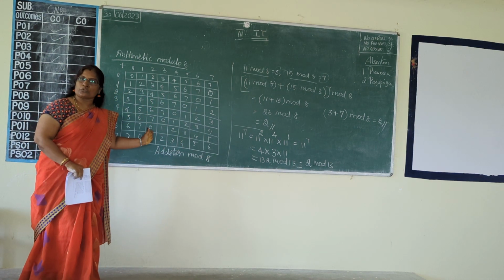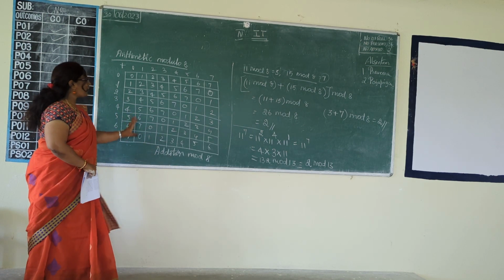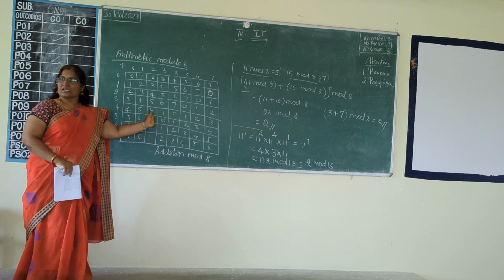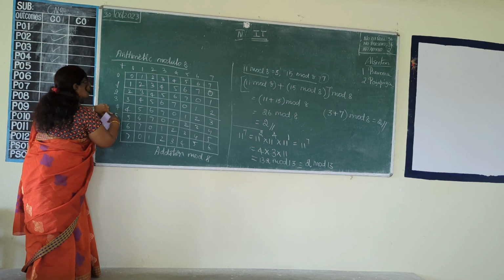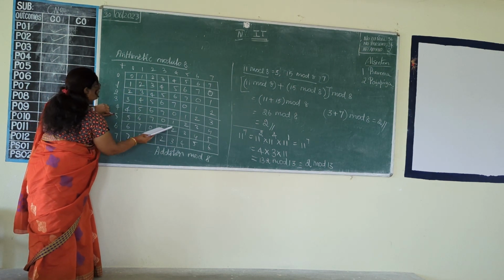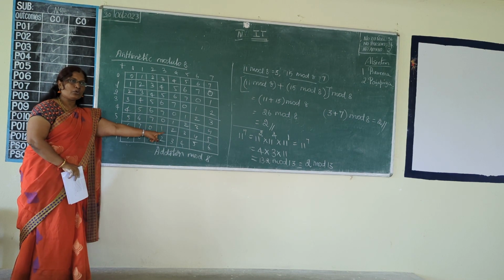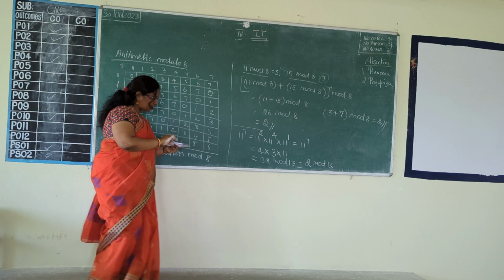The same table cannot be used for multiplication or subtraction. Any number you can take and get the value from the table. Suppose I want to add 5. 5 plus 5 mod 8 is equal to 2. 5 plus 5 is 10, and 10 mod 8 is equal to 2. Clear? So you can check with any other values.